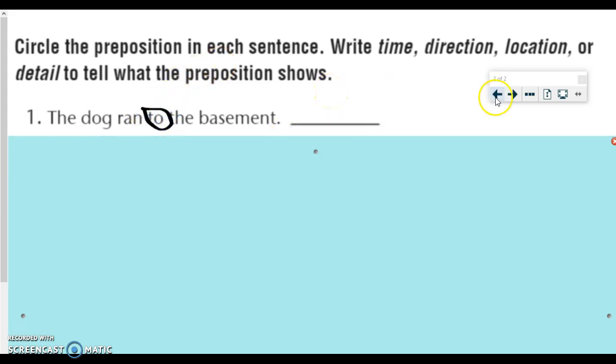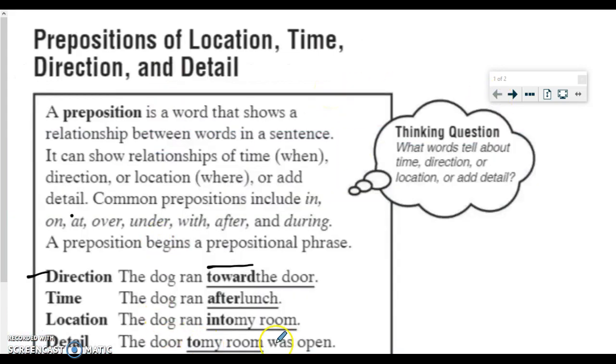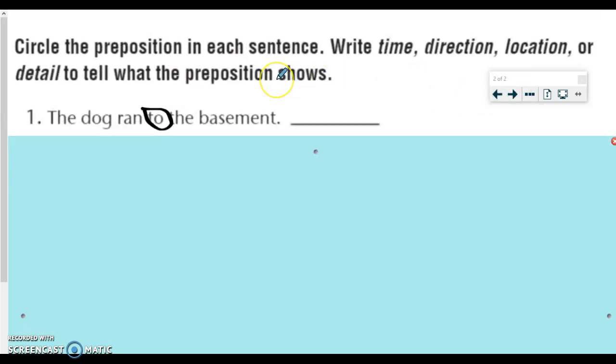So this one, you did see on here that it is a detail, but that does not mean it's necessarily a detail in every single sentence. You have to truly look at the sentence and listen to it to know which one it's helping you with. To can be a time, it can be a direction, and it can be a location. The dog ran to the basement.